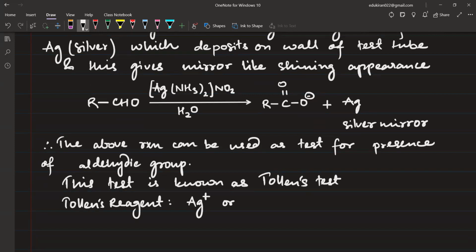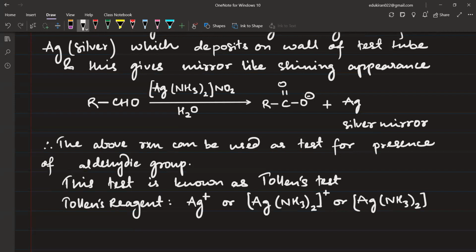And they may give it to you written a bit bigger, even they will give you Ag(NH3) twice in square brackets and plus charge. This is also Tollens reagent. Or they can give you the complete molecule, Ag(NH3) twice, and outside you will have NO3.